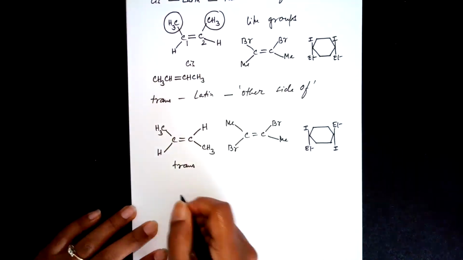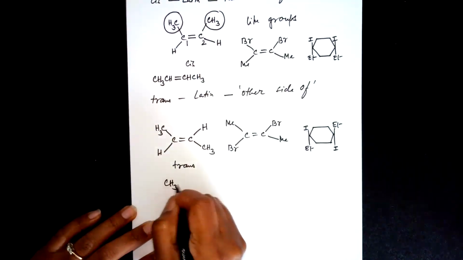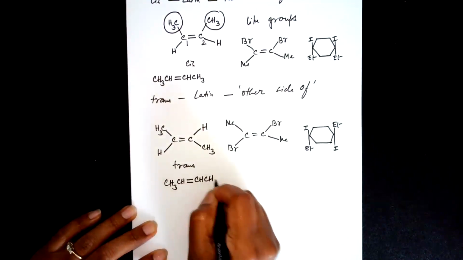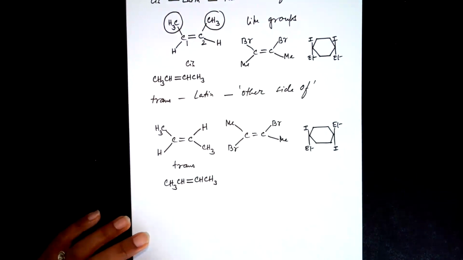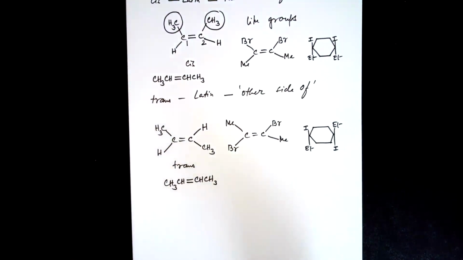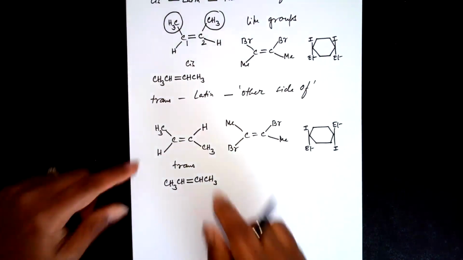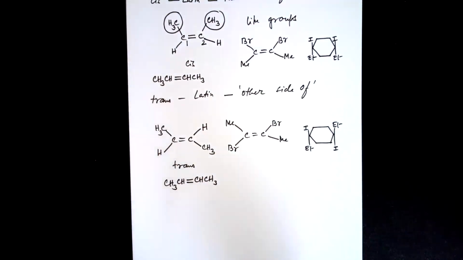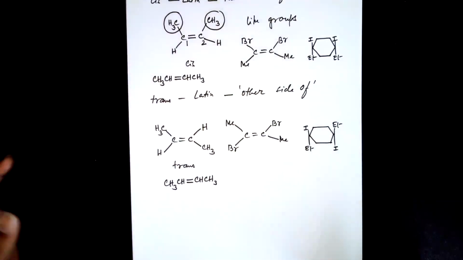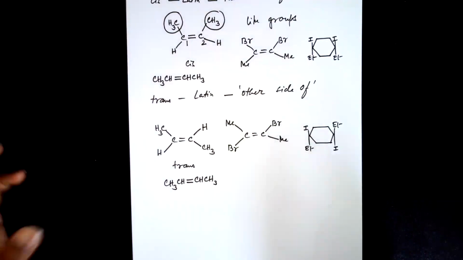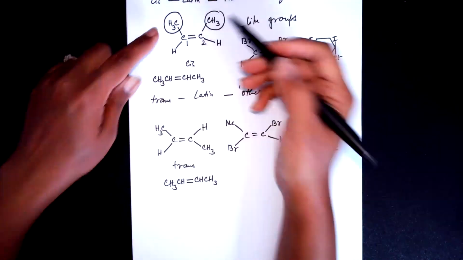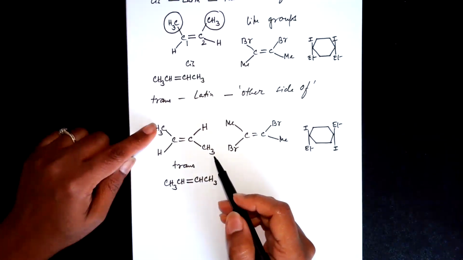And I would write the exact same thing here, CH3CH, double bond CH3. However, they are not exactly the same thing. They are structurally different. When I draw this out in a complete structure form, I can see the arrangement is not exactly the same. The arrangement of these groups is different. On the first one, I have the 2 methyls on the same side. On the second one, I have them on the opposite side.